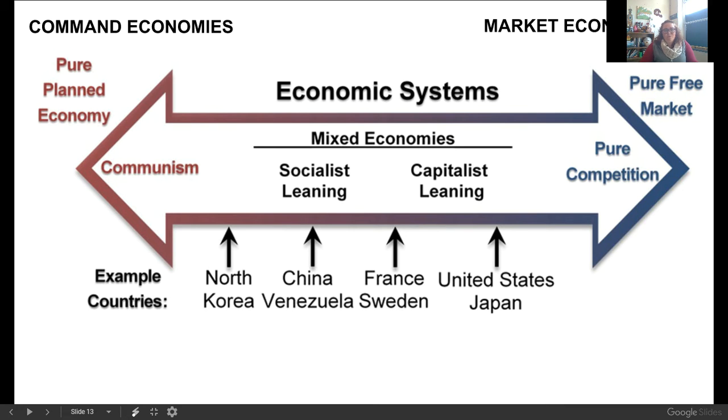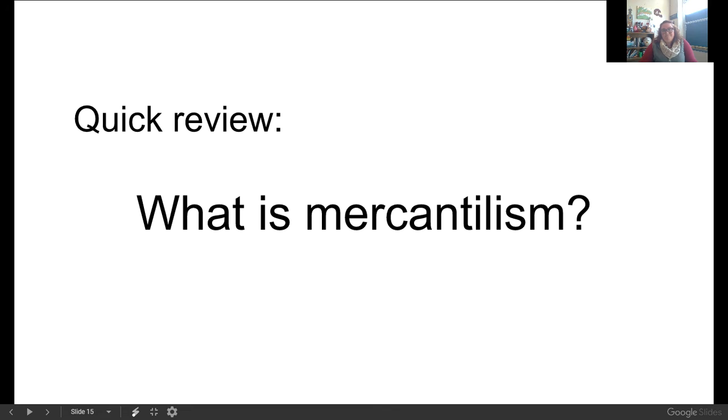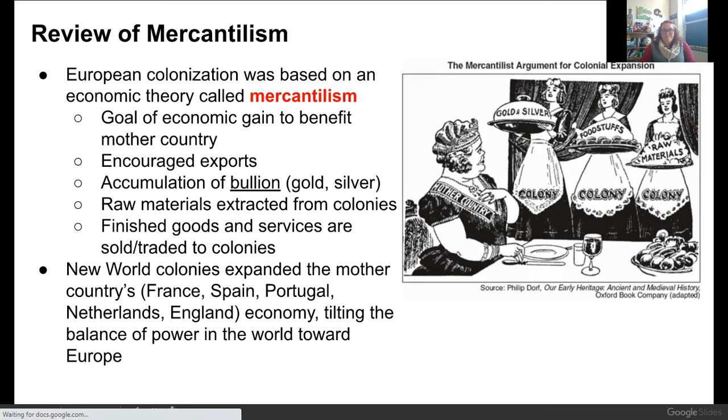So maybe North Korea has learned some things from that. China definitely has as well. China, of course, is where we get all of our products made.